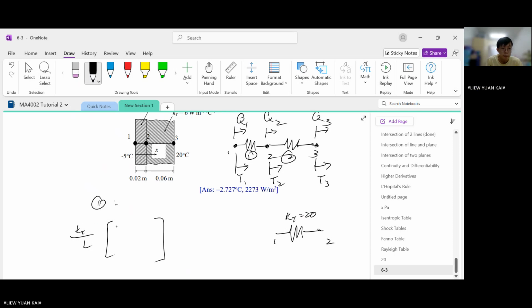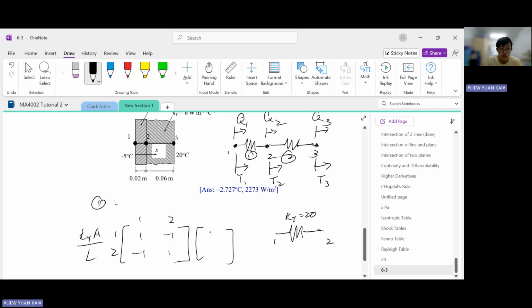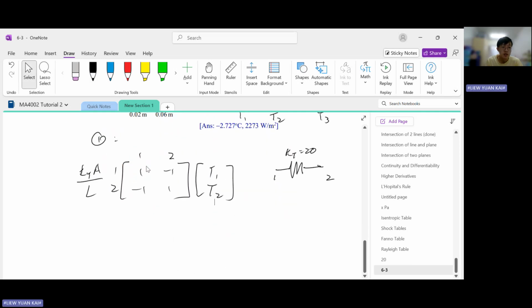Then K is 20, so let me write this all out first. So KTA over L, we have the square matrix. And since the nodes are 1 and 2, we can label this 1, 2, 1, 2. Then here is 1, -1, -1, 1. Then this is the temperature vector. So we can substitute whatever we have.